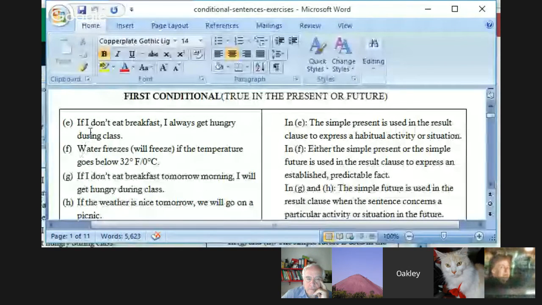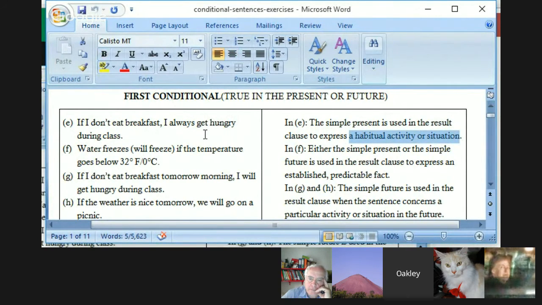Looking at some example sentences to further understand the use. If I don't eat breakfast, I always get hungry during class. Simple present is used in the result clause to express a habitual activity or situation. So I mentioned something that the speaker considers just as a truism.